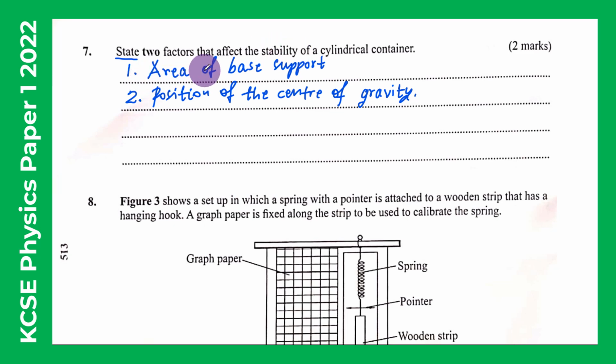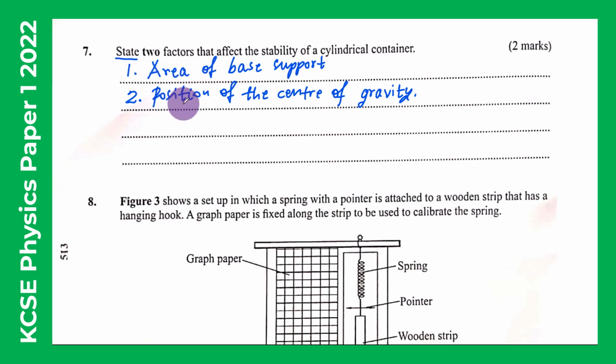Of course, the larger the area, the more stable the object will be, because it can be tilted through a large angle before it tilts. But that explanation is not required, because you are just required to state. So it is the area.